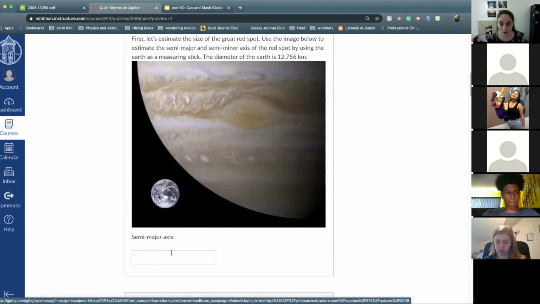Just a little note on this, if you had a paper copy, we could use rulers, but what I did when I measured the size is I made my own little ruler on a piece of paper where I got the diameter of Earth and I compared that to the size of the red spot. So that's your measuring stick, essentially Earth, and we're going to use that to try to find the semi-major and the semi-minor axis of this ellipse that is the Great Red Spot.